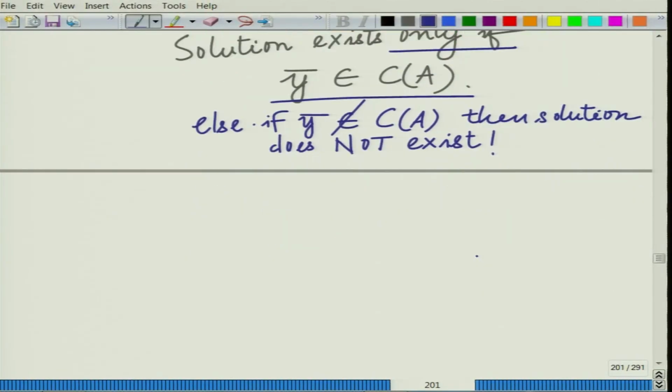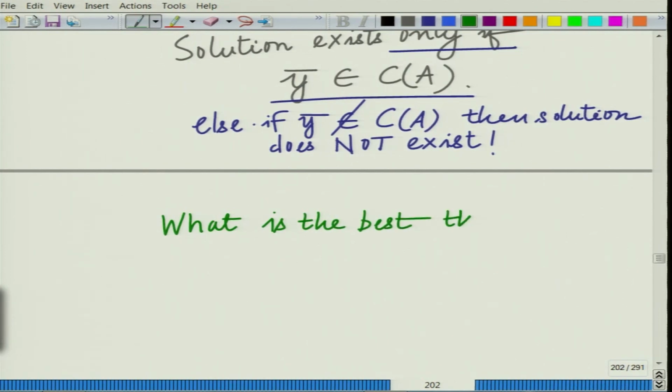Now, therefore, if you cannot determine an exact x bar, what is the best thing to do? As engineers in particular, we do not give up when we cannot find an exact solution. Many times in life we cannot find the exact solution.